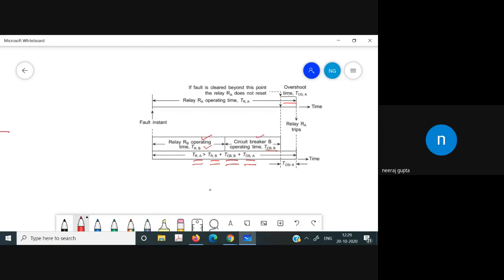So overshoot time in this case is defined as the time for which the relay mechanism continues to move even after the operating coil has been de-energized.